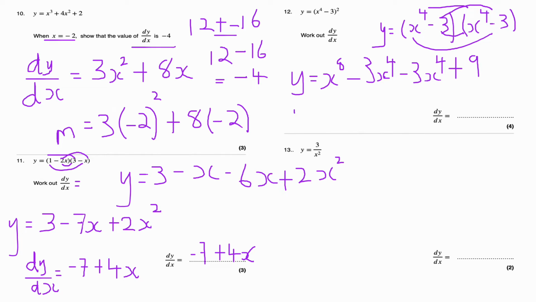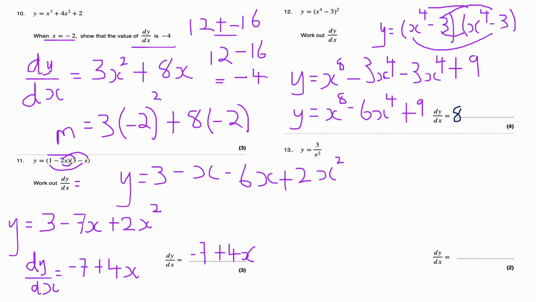Collecting my like terms first and then differentiating, I get x to the 8, take away 6x to the 4, when I collect the x to the 4 terms together, and then plus 9. So differentiating this, x to the 8 goes to 8x to the 7.